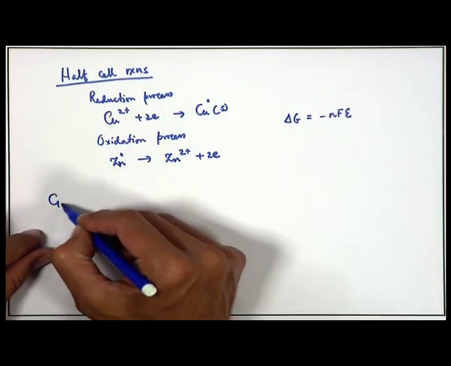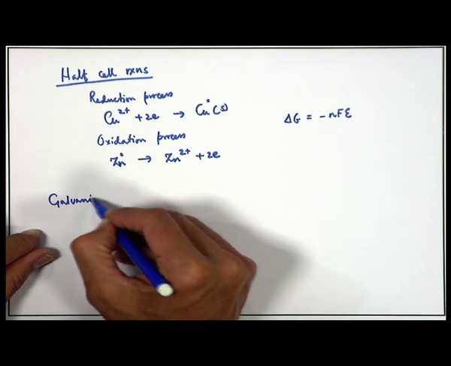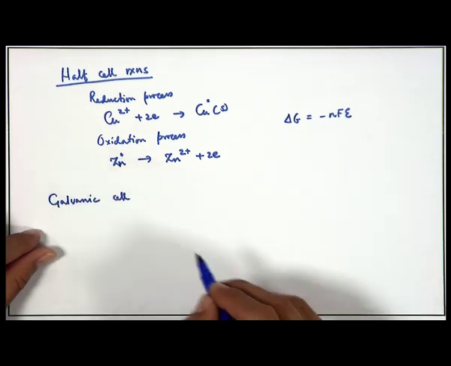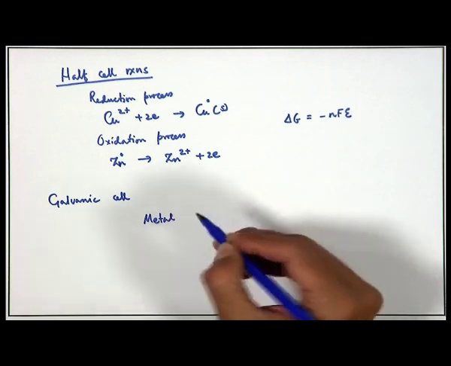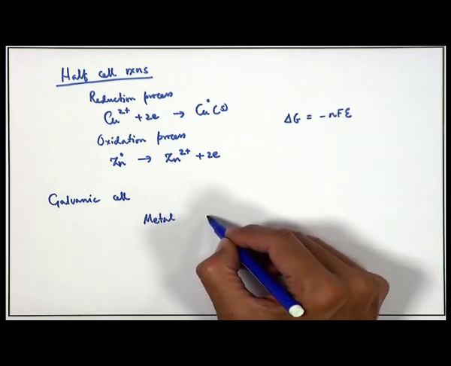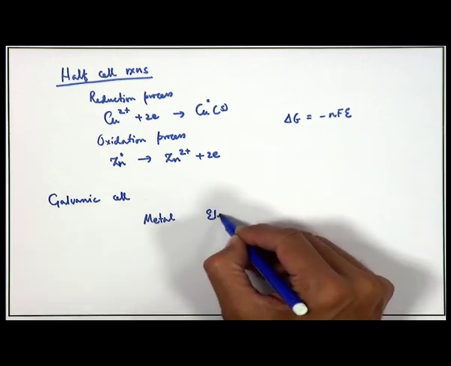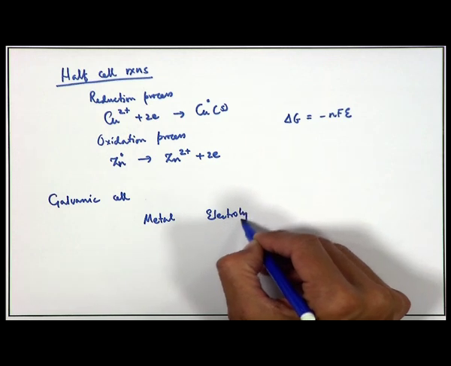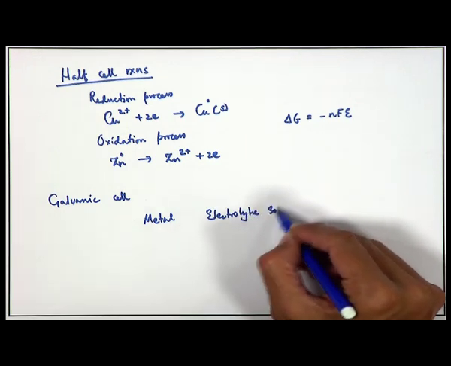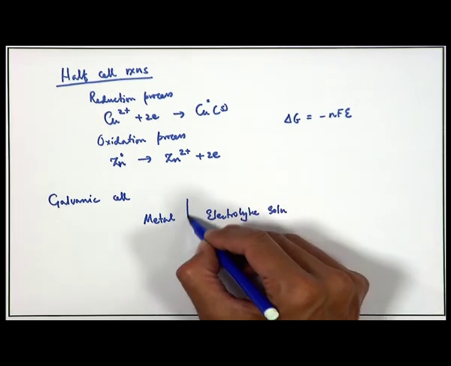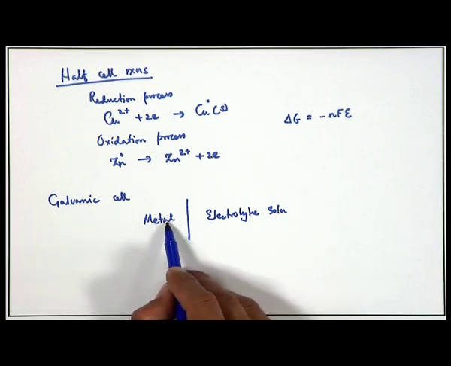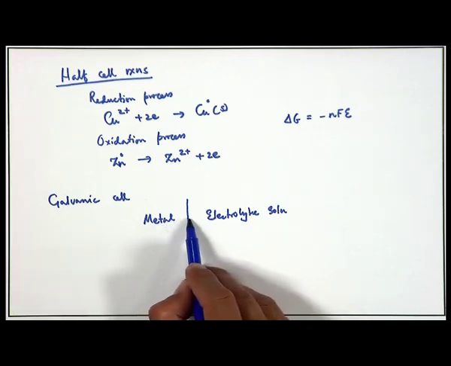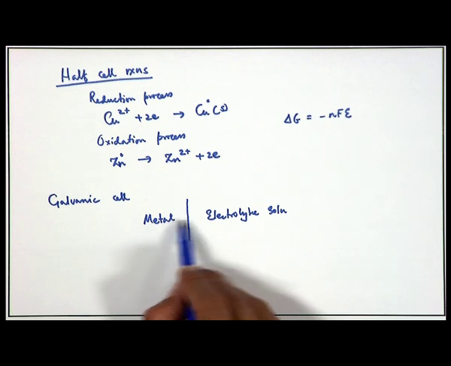So, for a galvanic cell, you have the metal and you have the electrolyte solution, and a vertical line to indicate that this is the interface of the metal and electrolyte.